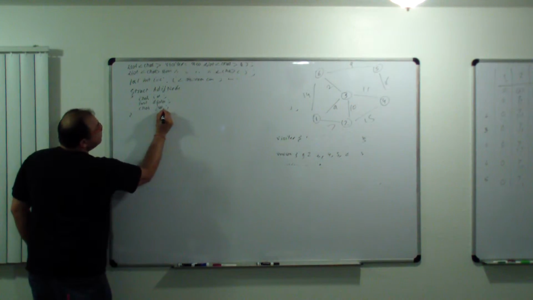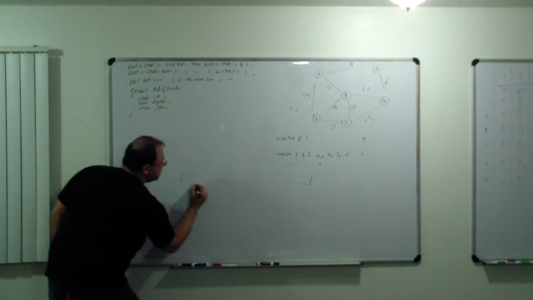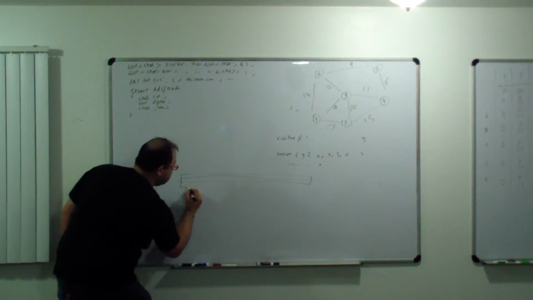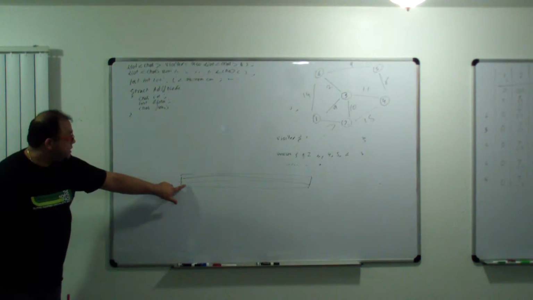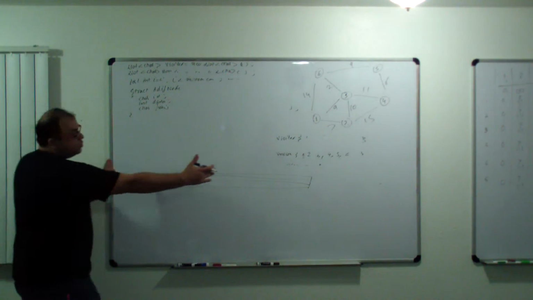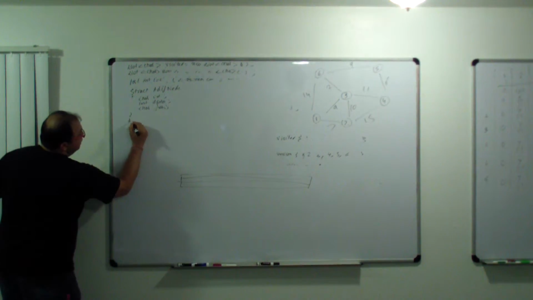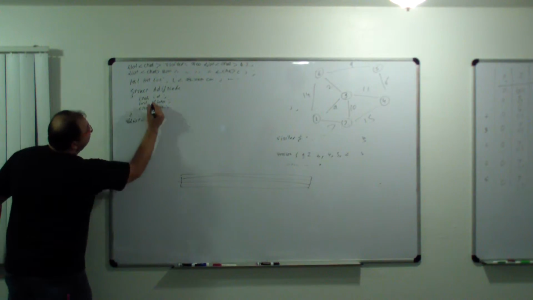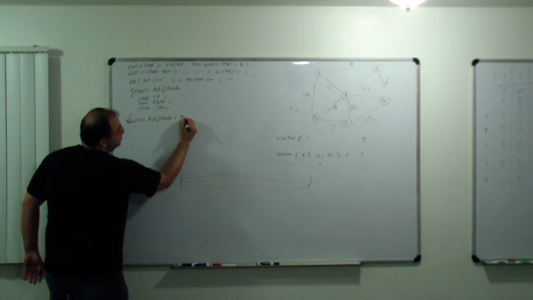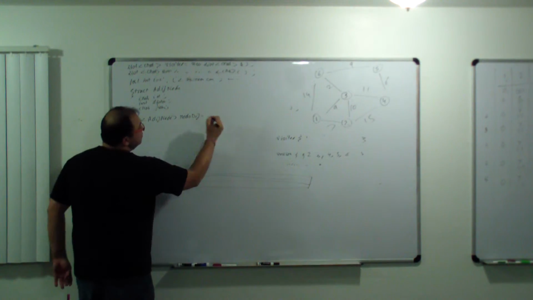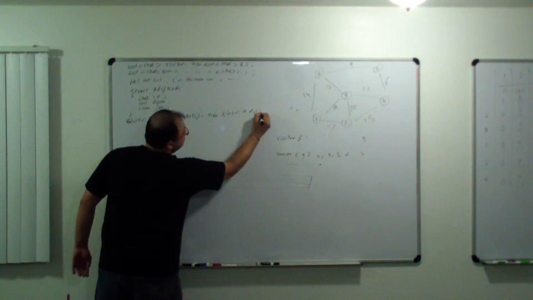Then we will create a list which has all these things: ID, distance, and from. And this will be the total length of this one. So we'll say a list of Dijkstra's node, nodes Dij is equal to new list of Dijkstra's node.